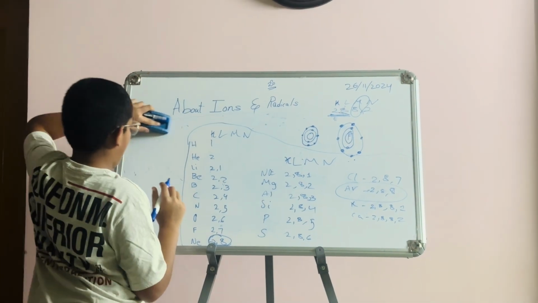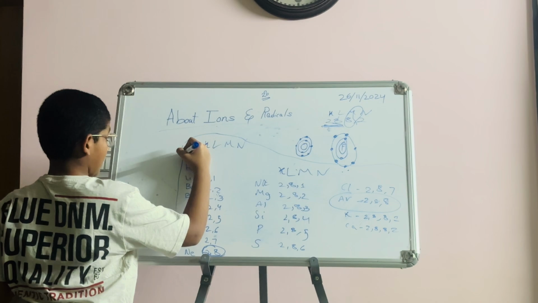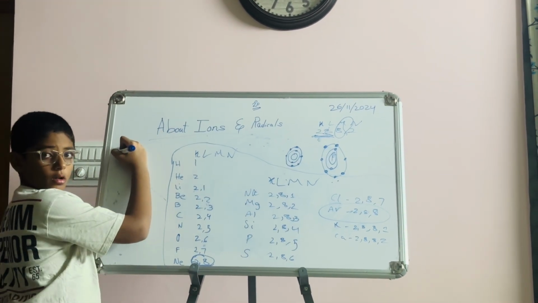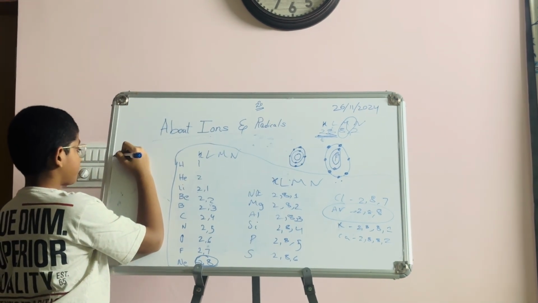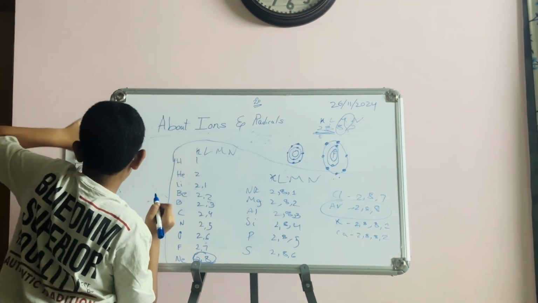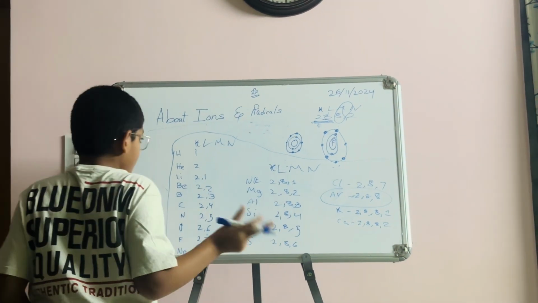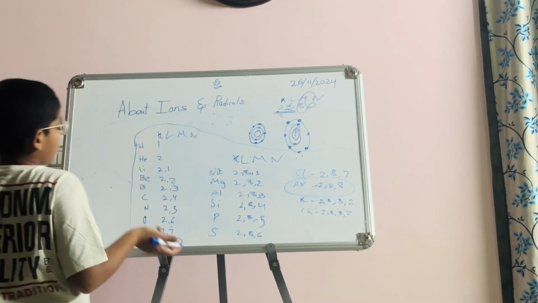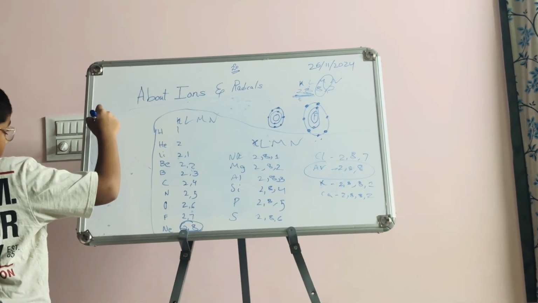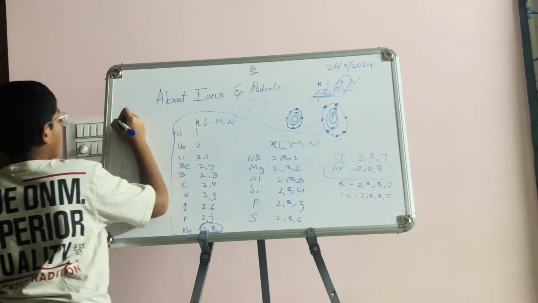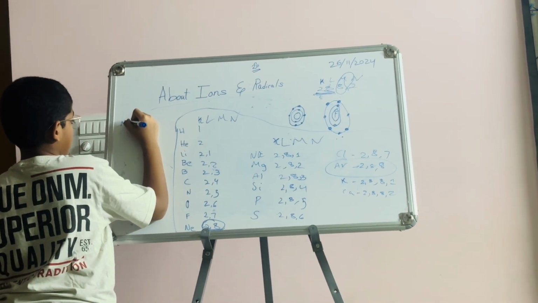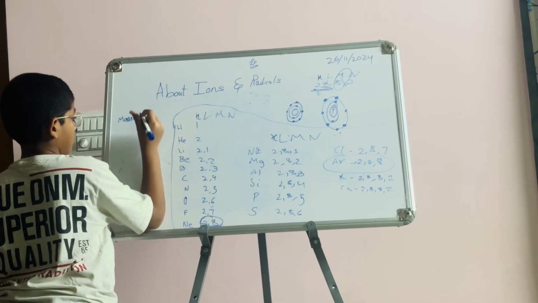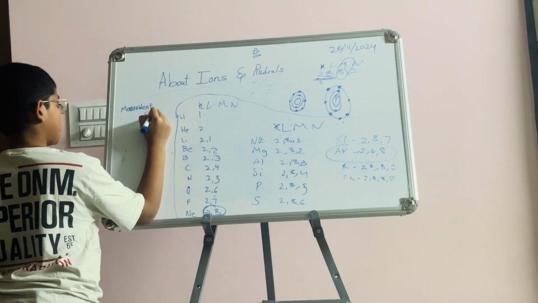There are positive and negative ones, okay? Now let's go for monovalent radicals.